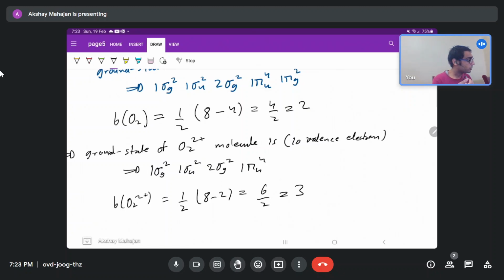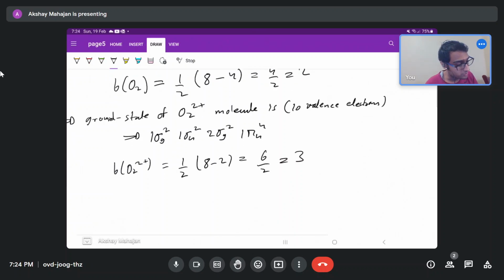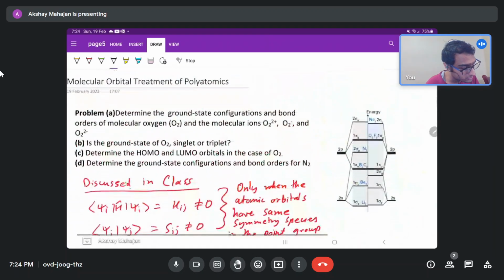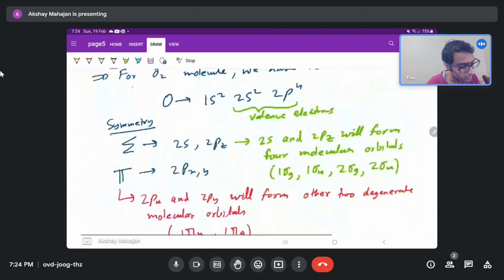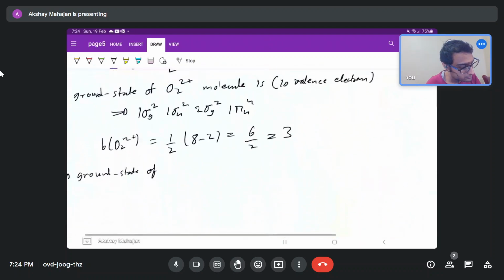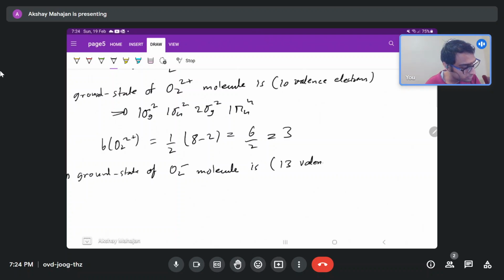So as you can see, the bond order is 3. Similarly for the ground state of O2 minus, the molecule will have 13 valence electrons, so you can see one extra electron here.